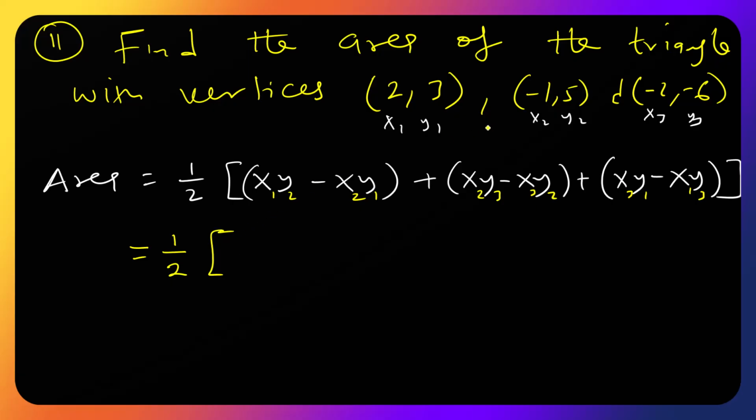So x1, you can go by this. x1 is 2, then y2 is 5, x2 is minus 1, and y1 is 3. So we are done with this.